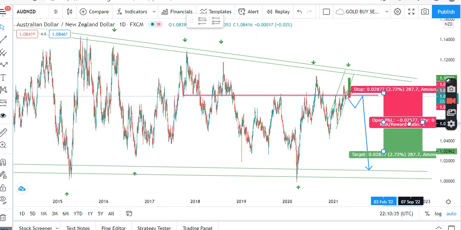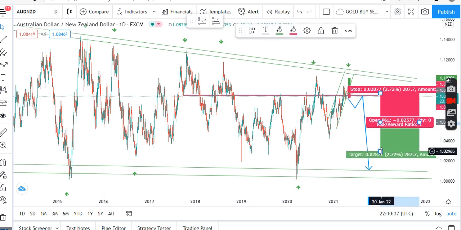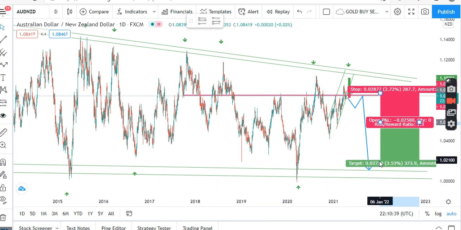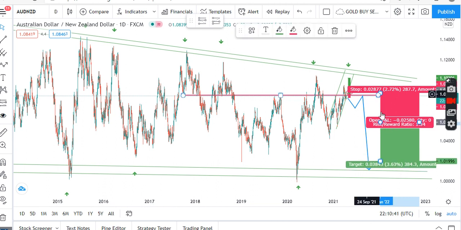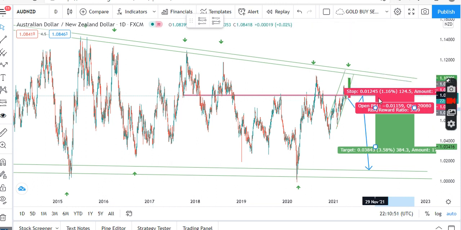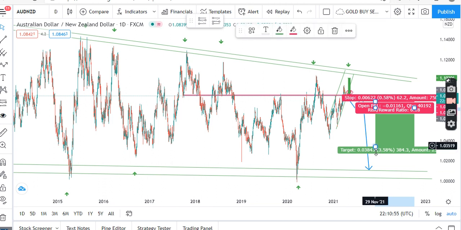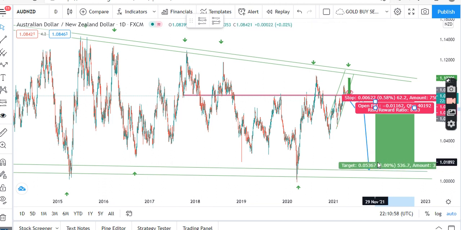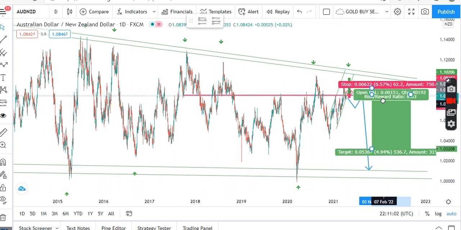So basically, this is how I would love to trade this setup. To risk only a fraction and to aim for more, because I know that price is supposed to come down.